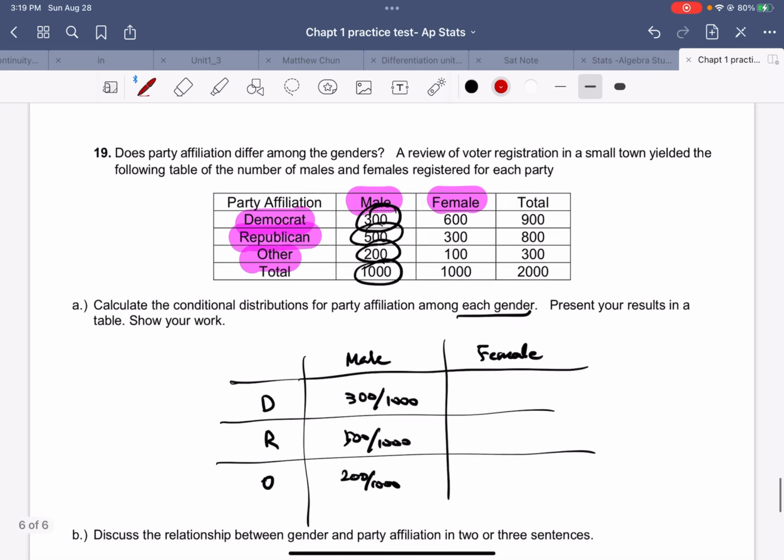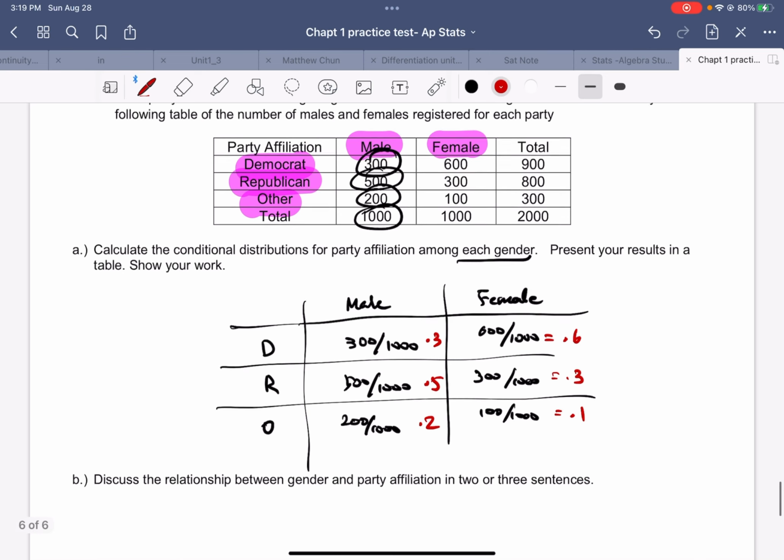You can say in decimal here, so that's 0.3, 0.5, and 0.2. Okay, so that adds up to 100. So similarly, you can do female, which is 600 over 1,000, 300 over 1,000, and 100 over 1,000. So in decimal, 0.6, 0.3, 0.1. Okay, that's the answer for A.